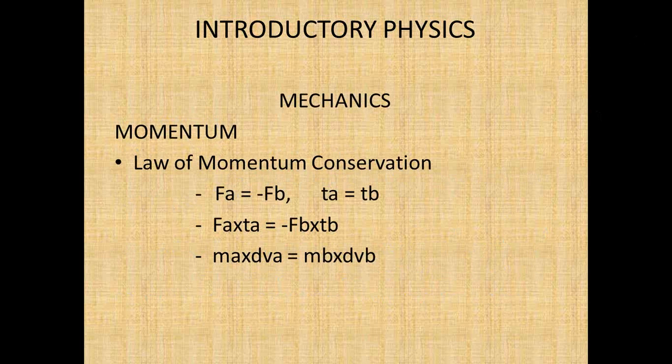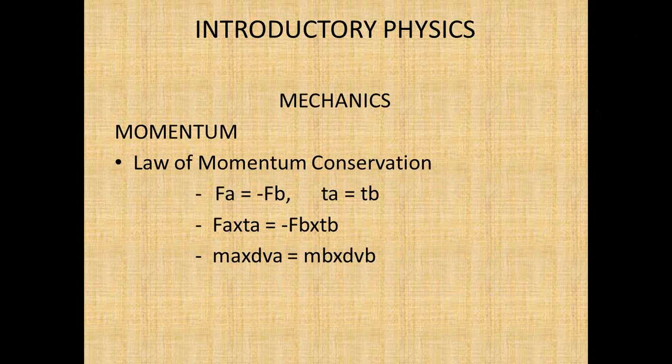So again, let's look at it another way. If you have two objects colliding, as we have said before, Newton's law says that if you have contact between two objects, then one object is going to exert a force on the other object, and then the other object is also going to exert a force on the first object.